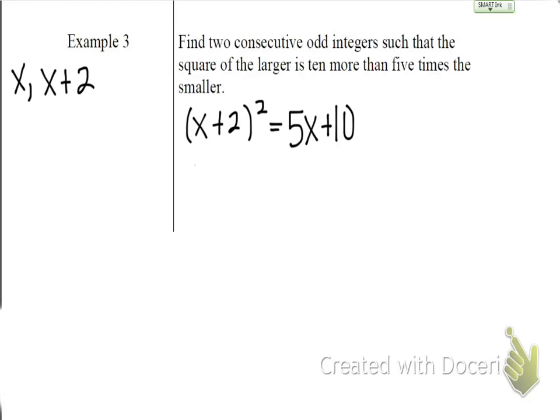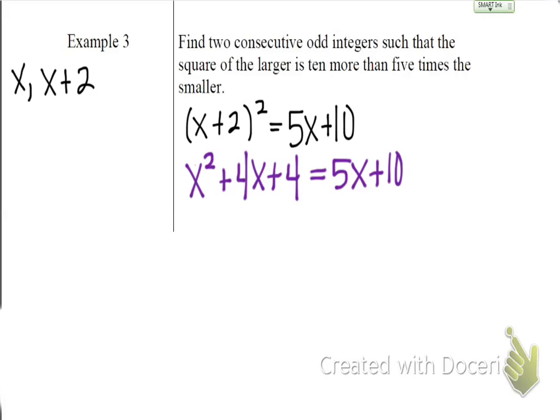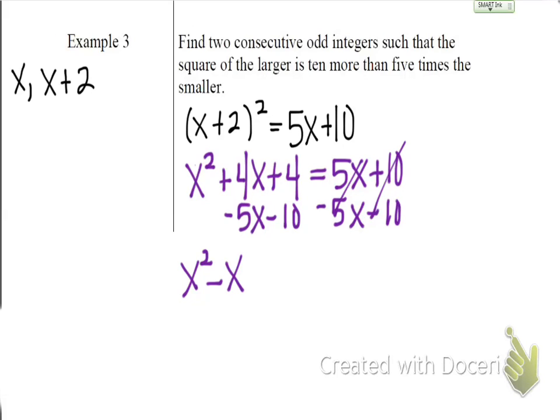And then you need to get the whole thing equal to 0. So you subtract 5x from both sides, and you subtract 10 from both sides. So that gives us x squared minus x minus 6 equals 0.